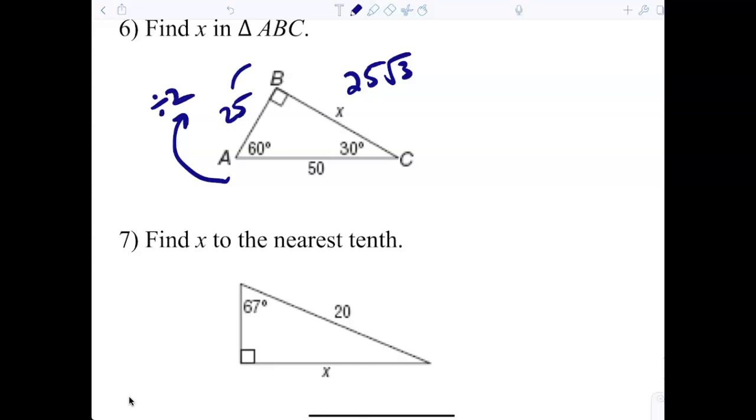And then to get from the 30 to the 60, you just multiply by radical 3. And if you go in the reverse order, from the 60 to the 30, we divide by radical 3. And from the 30 to the hypotenuse, you multiply by 2. Those are old rules. All right.